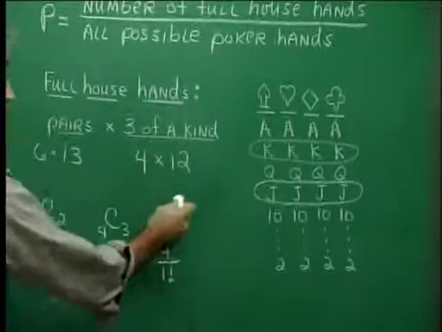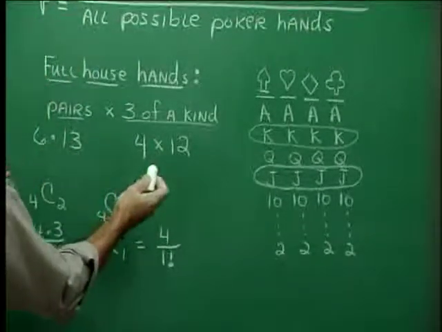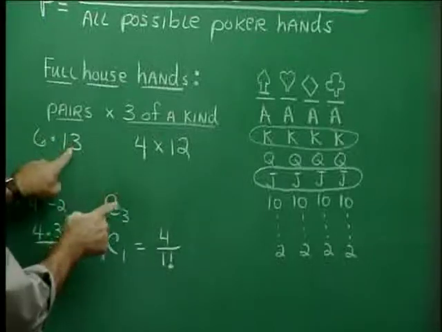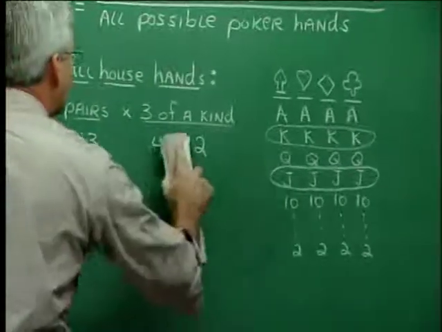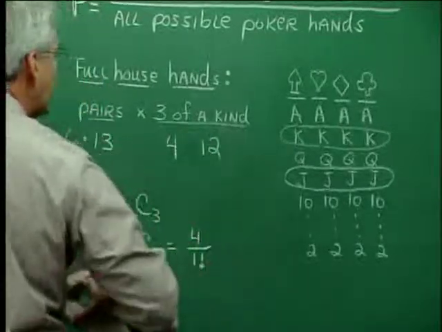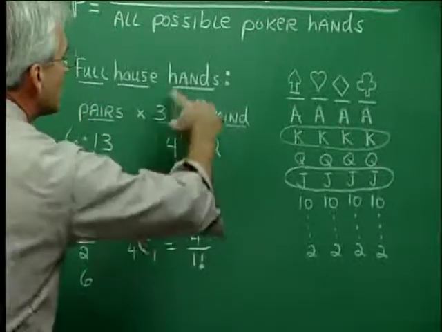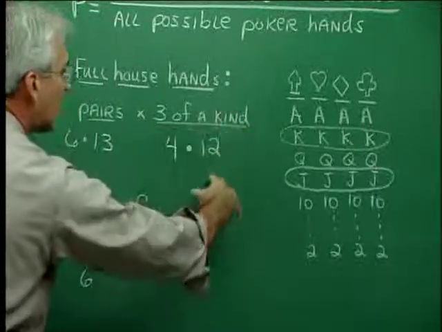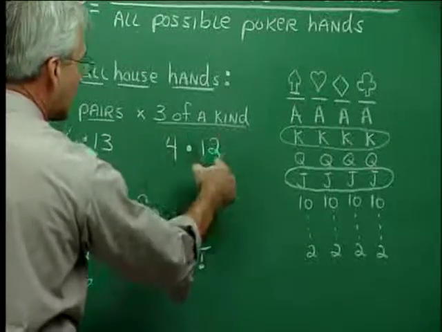Now, you might be saying, well, what if the 3 of a kind was chosen first? Well, it's the idea that we have this 13 factor here and a 12 factor here. And I probably ought to use the same designation for multiplication in both places. But if we had chosen to calculate the number of 3 of a kind possibilities throughout the deck, then it would be 4 times 13.